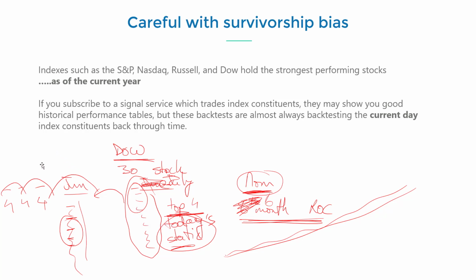If you go back to some prior point in time over here, what you'll find is that if there was a bad performing stock, it gets thrown out of the Dow and replaced with something else that's performing well.